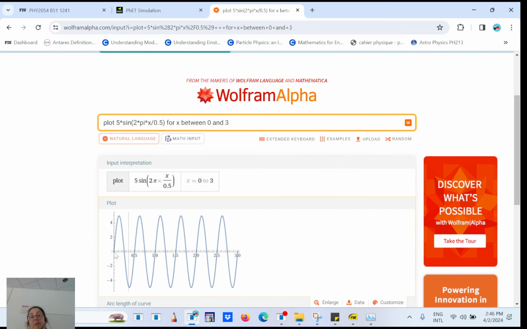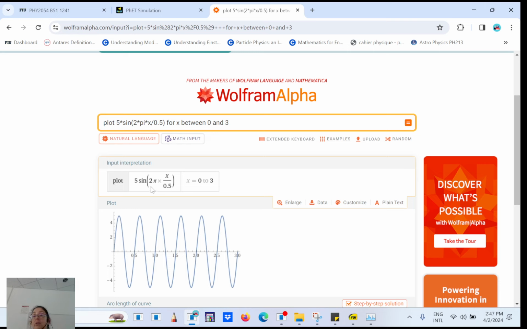You see, you get a sine function. The period goes from peak to peak, and that is 1 cycle. What's going to be the period here? 0.5. You always have it at the denominator, because 2 pi divided by 0.5 is going to be your speed, in revolutions per second.